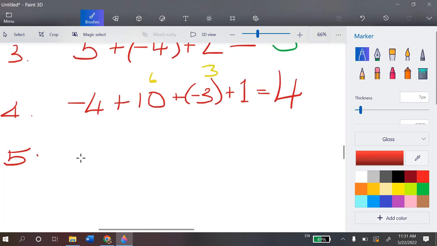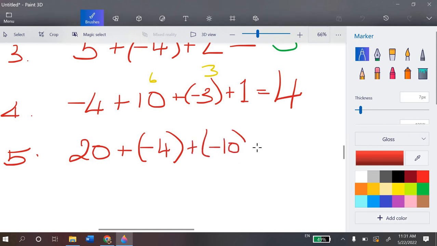And number 5. Let's say we've got 20 plus negative 4 plus negative 10 plus negative 2. Okay.